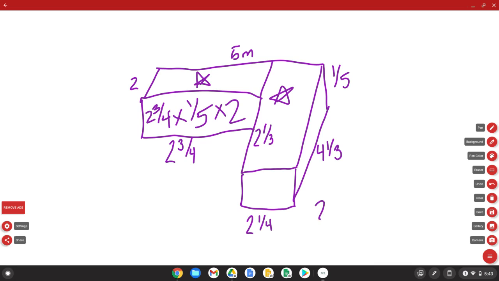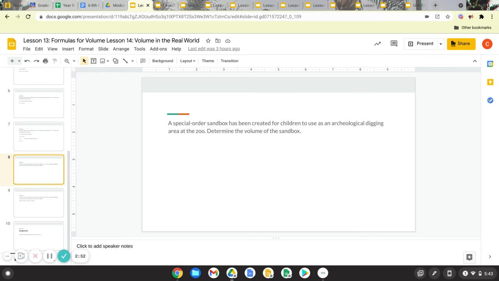I'm going to write this one to the side. Times 4 1/3 times 1/5. Okay, we end up with 22/20 plus 39/20. Add those together, you get 61/20, or 3 1/20 meters cubed.